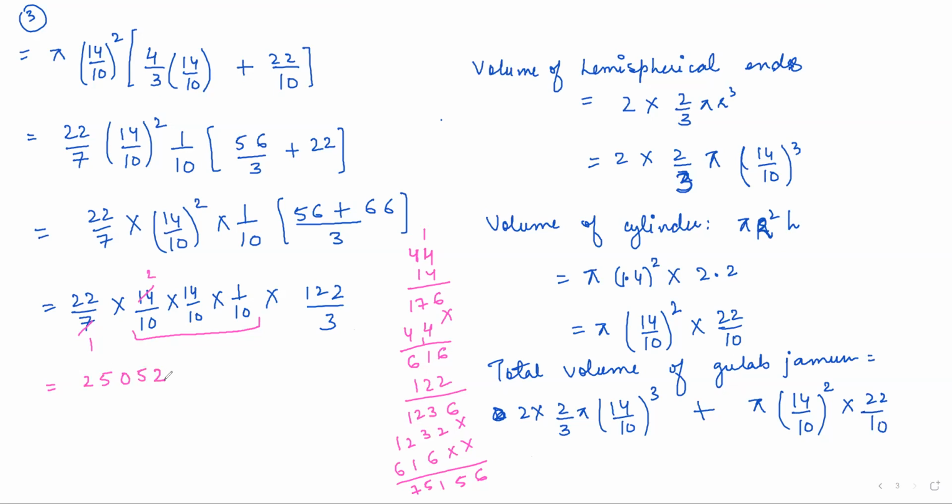Is it exactly divisible by 3? And you divide it by 3 zeros. So you put it, so I get 25.052 something approximately.